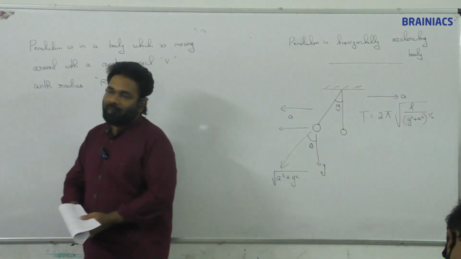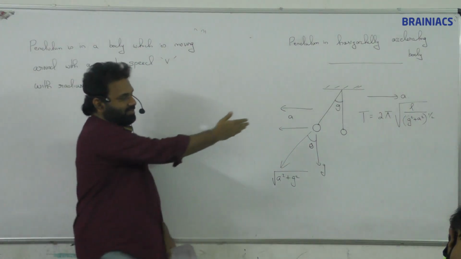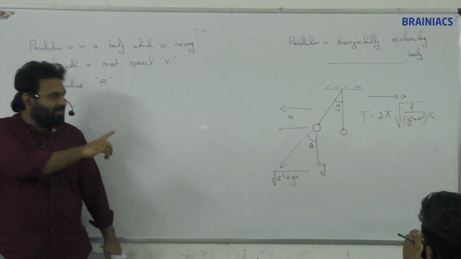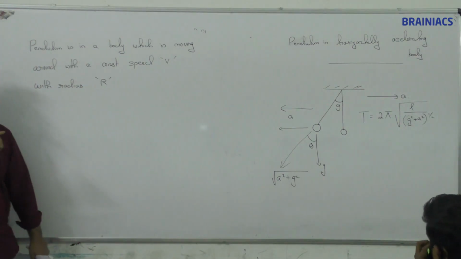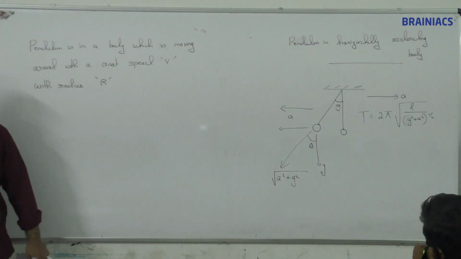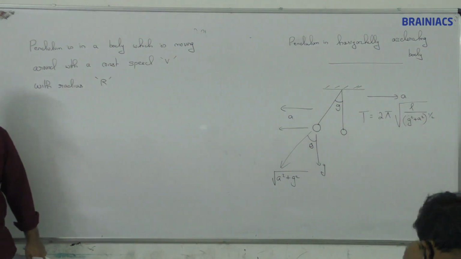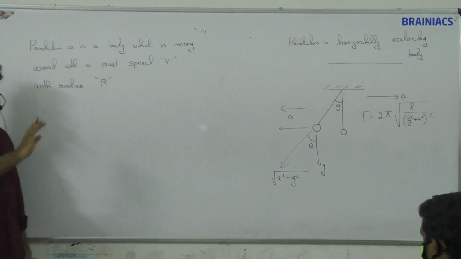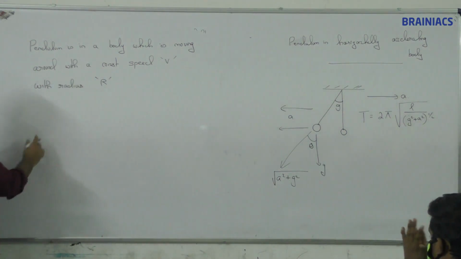So what will happen? All these things are easy, just like that case. The only change here is that there is going to be a centripetal acceleration. So acceleration due to gravity and centripetal acceleration are there. We will take the resultant and put it in the same formula. Everything is easy, just apply the simple concepts.